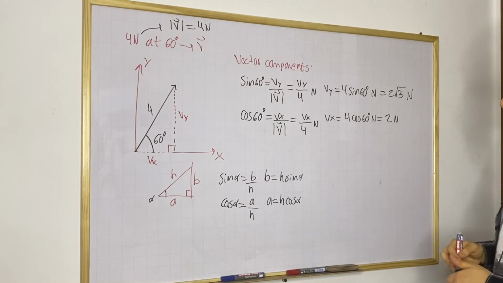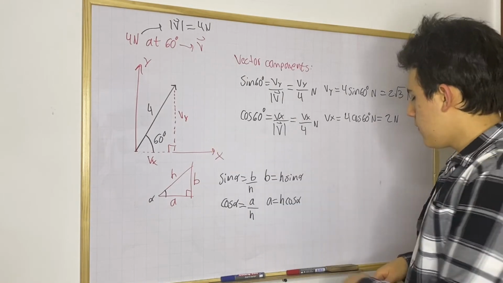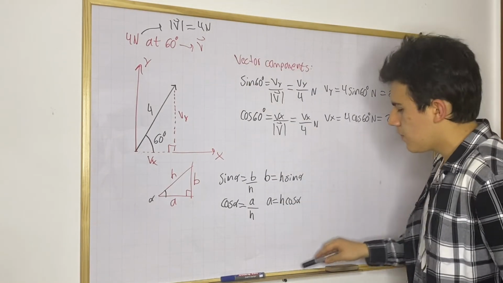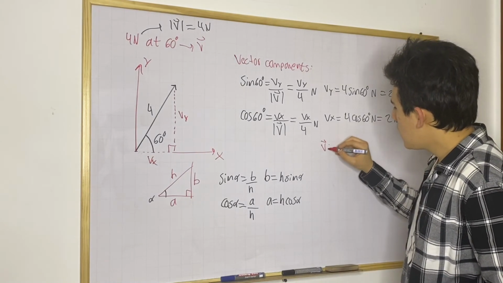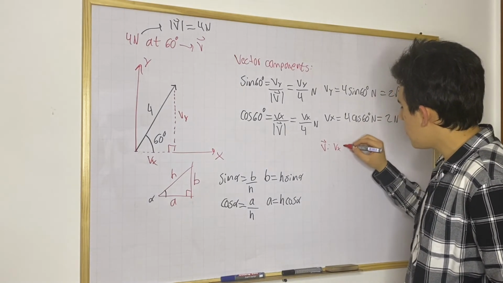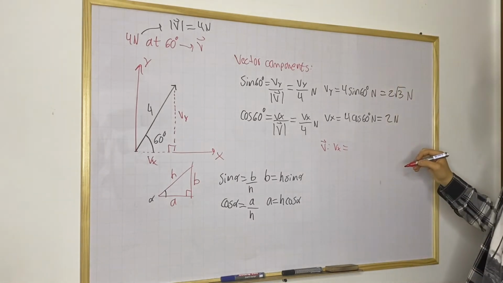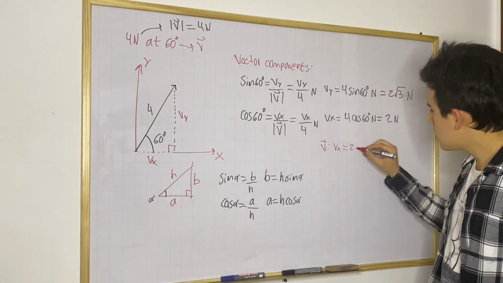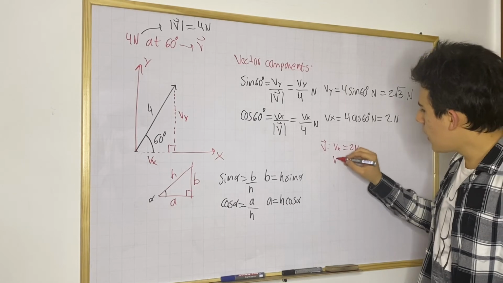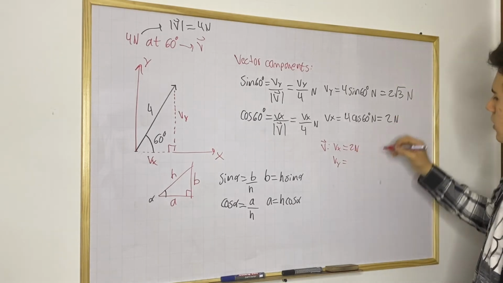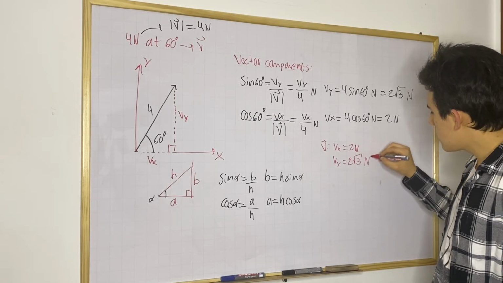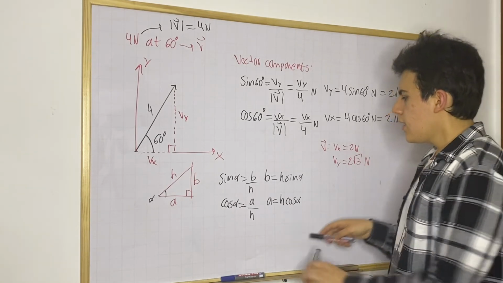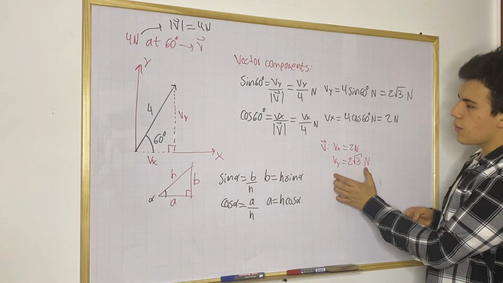Well, we just simply said that for this vector, for basically vector v, we're going to have a component, so you could say vector v is going to have an x component that is going to be 2 newtons, and a y component that is going to be 2 times square root 3 newtons. Okay, we just found the vector component for v.